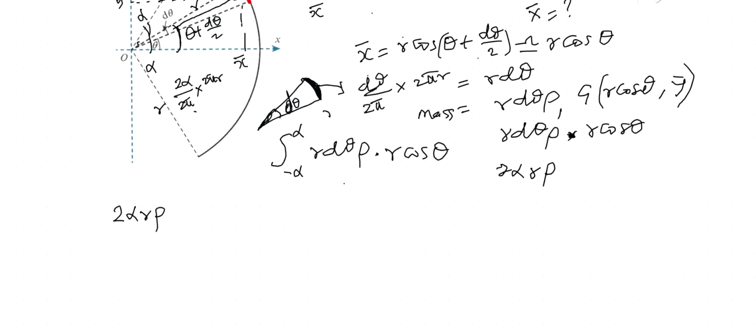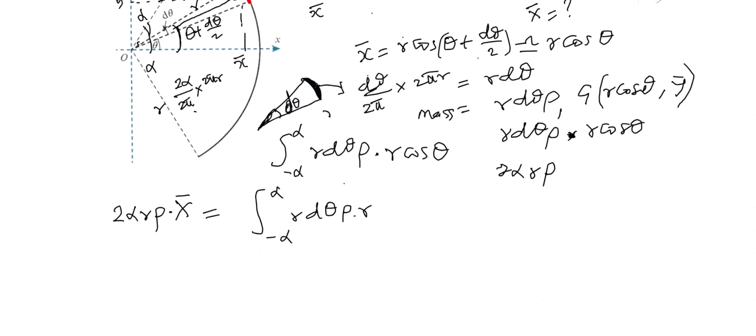times x bar. The x bar I'm talking about now is capital X bar, that I'm setting out to find, is equal to the sum of this, that's the integral from minus alpha to alpha of r d theta rho, r cos theta.